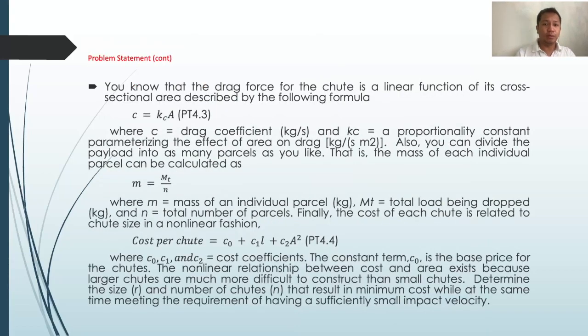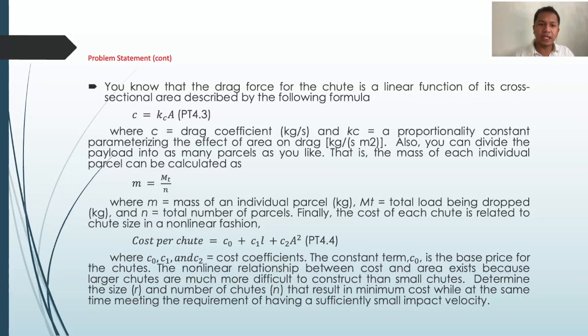And we know that the drag force for the chute is a linear function of its cross-sectional area, that is c equals Kc times A, where c is the drag coefficient, Kc is the proportionality constant parameterizing the effect of area on drag, and A is the area.